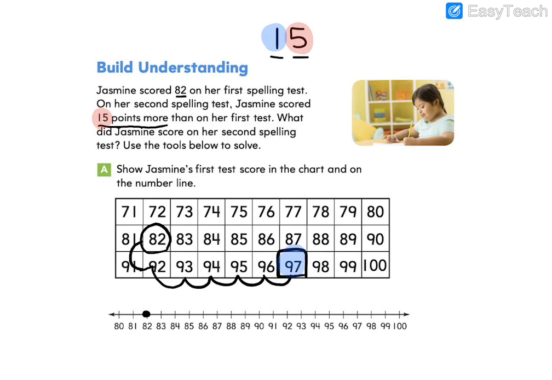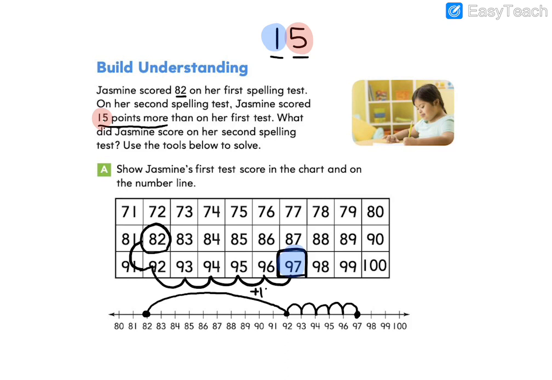Now we can also show this on a number line. I know that 10 more than 82 is 92. So I can find 92 and make my jump of 10. Now I can make 5 jumps, each one being 1, to get to my answer. 1, 2, 3, 4, 5.